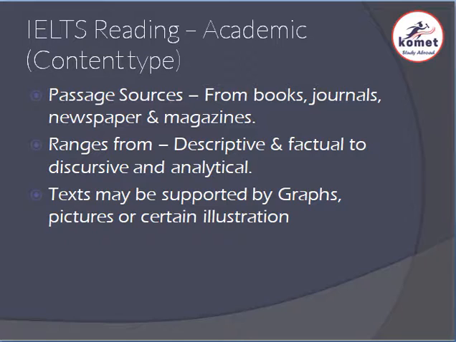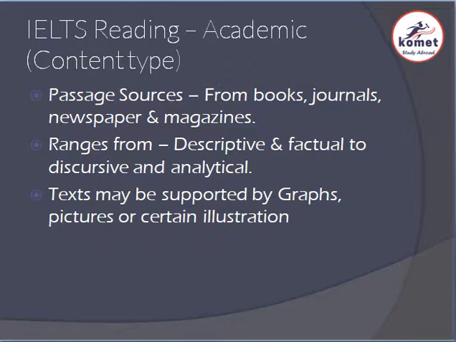People ask me where this kind of content comes from. Is it content that the Cambridge people make on their own? Actually, they pick up the passages from various books, journals, newspapers, and magazines. And yes, the type of content in academic differs from general.